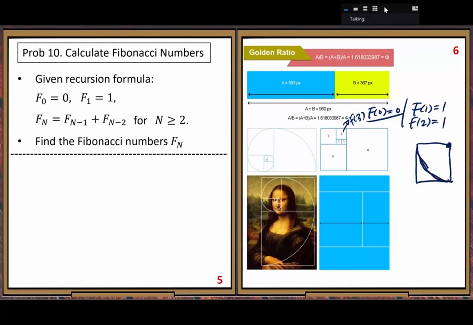Each square gets a quarter arc, like this arc and this arc. Then you get this nice spiral curve, a nice spiral curve like that.